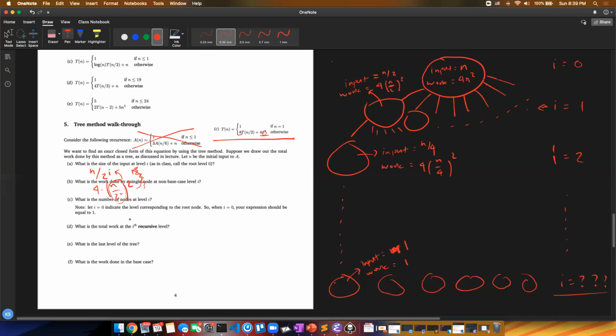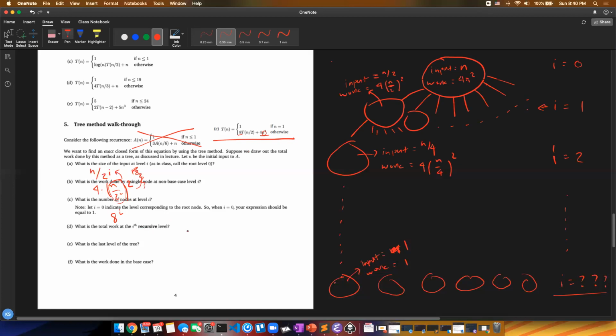All right. So it seems our number of nodes is being increased by a power of 8. So basically this is 8 to the i, right? And we can see that through our recursive calls of 8 right here. And D asks, what is the total work done at the ith recursive level?